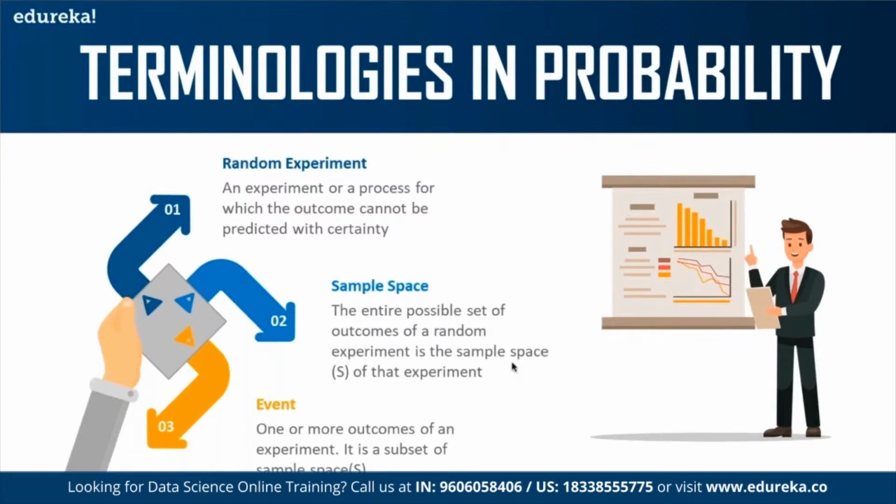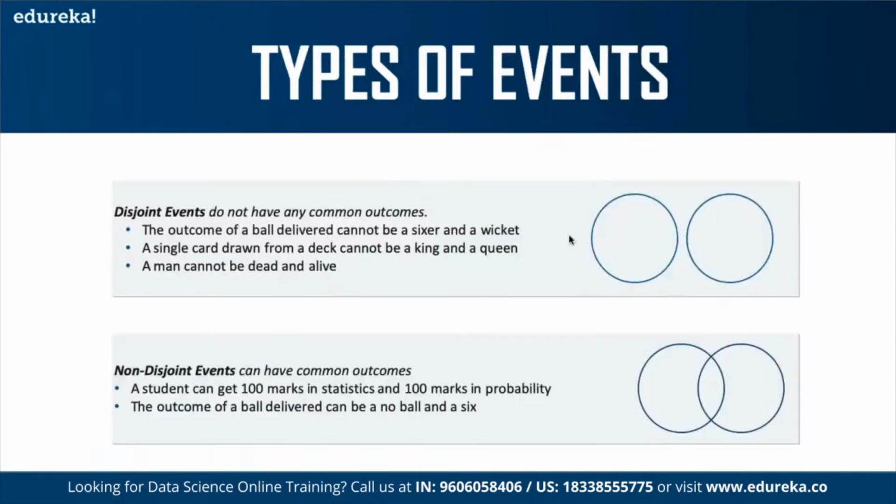Whereas an event is one or more outcomes of an experiment, a subset of a given sample space, which is denoted as S here. And then we have disjoint, and then we have non-disjoint events as well. Disjoint is when there is some kind of overlapping, right? When there is some kind of overlapping, and non-disjoint events happen when they don't have any kind of overlapping or any common data set with us, right?